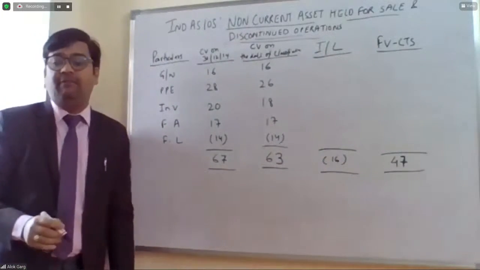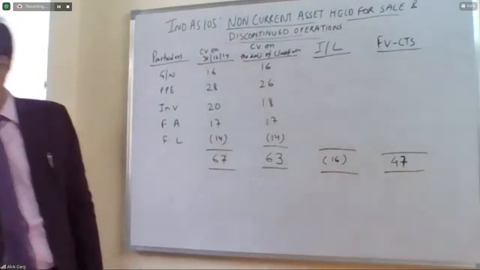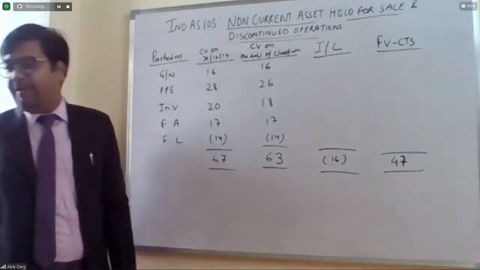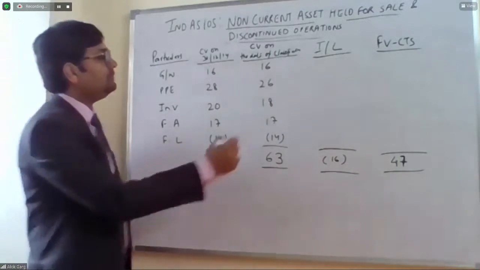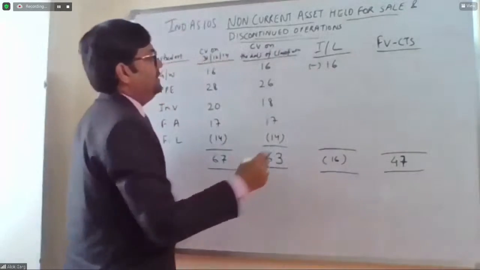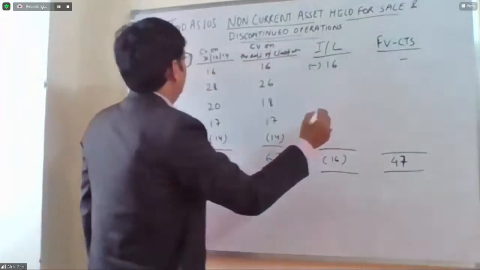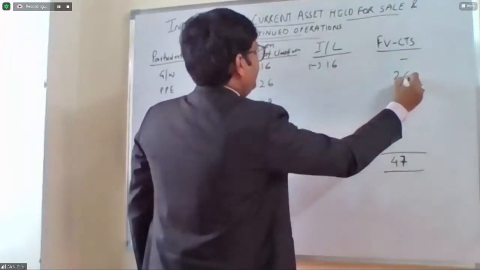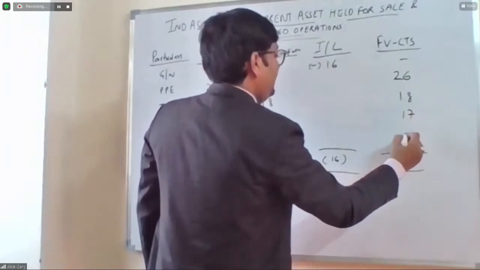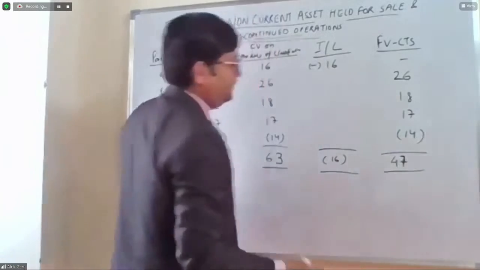First of all, it will be allocated to goodwill. So goodwill value will become 0. PPE will become 26, inventory 18, financial assets 17, financial liabilities 14.